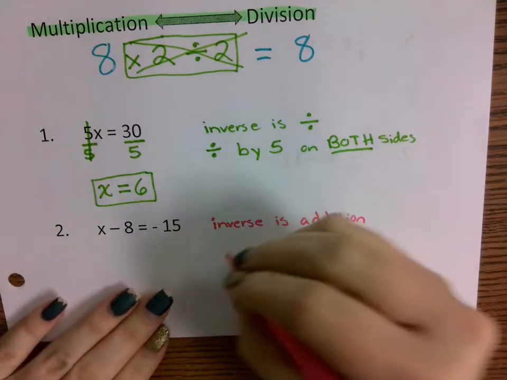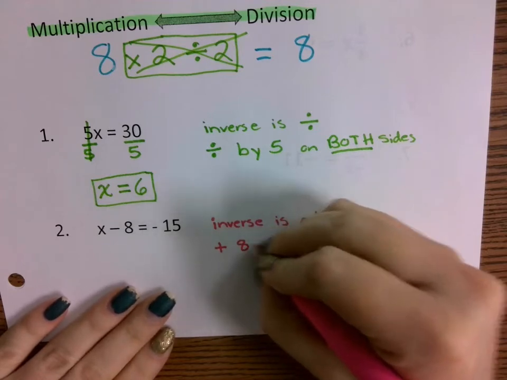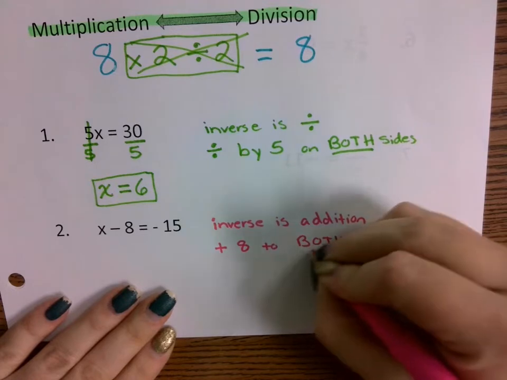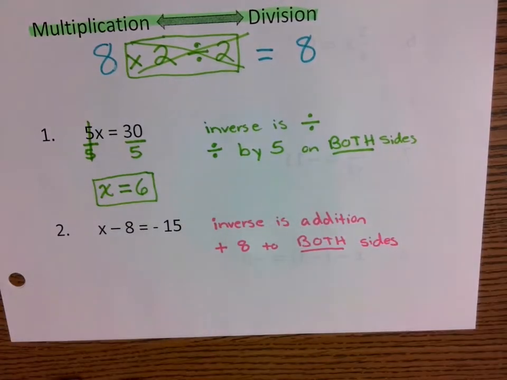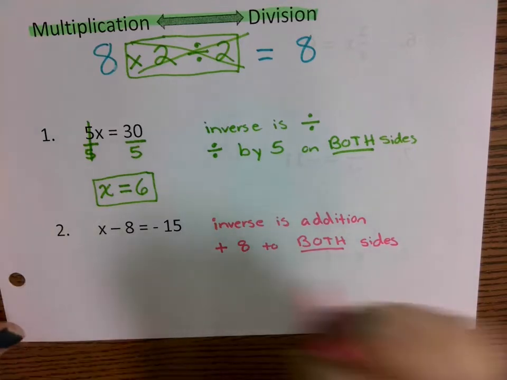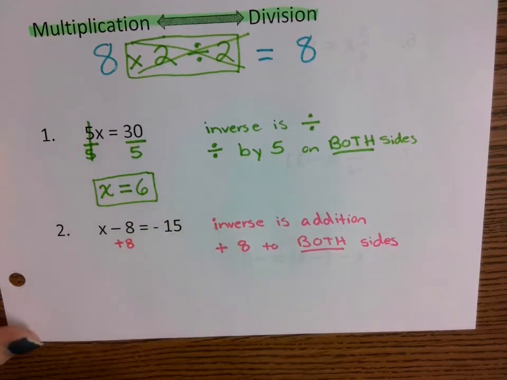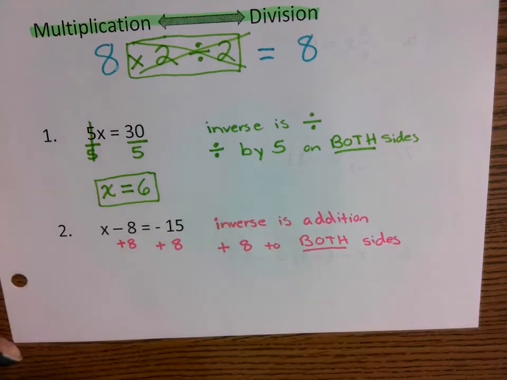So we are going to add 8 to both sides. I'm going to do a plus 8 here and a plus 8 on the right side of my equal sign.